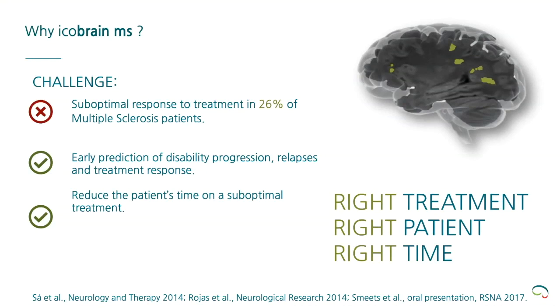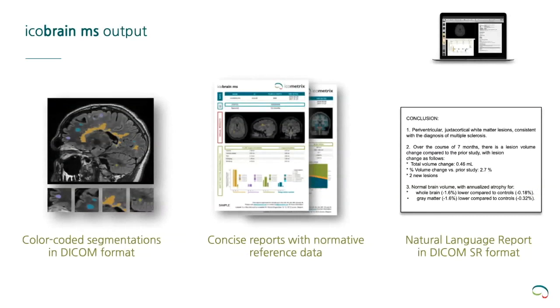To decrease that number, it is important to use tools that can early predict disability progression, predict relapses, and predict treatment response. As such, we can reduce that time and, simply put, give the right treatment to the right patient at the right time.